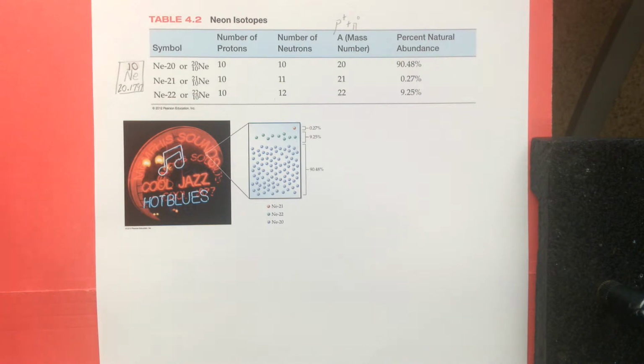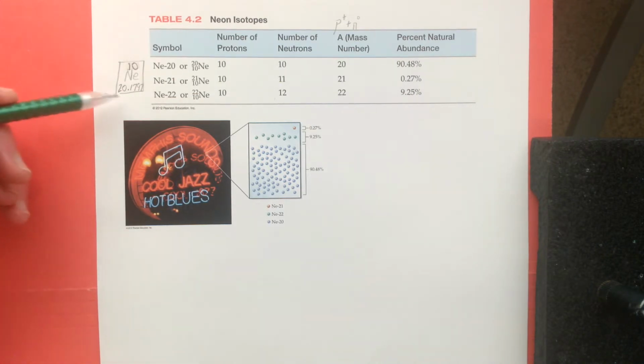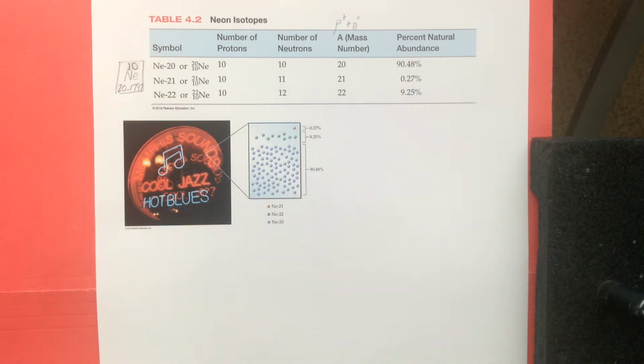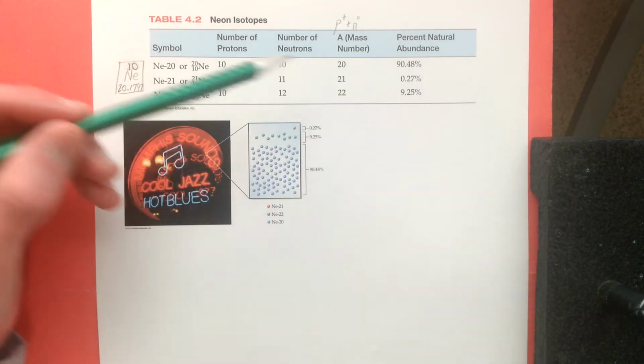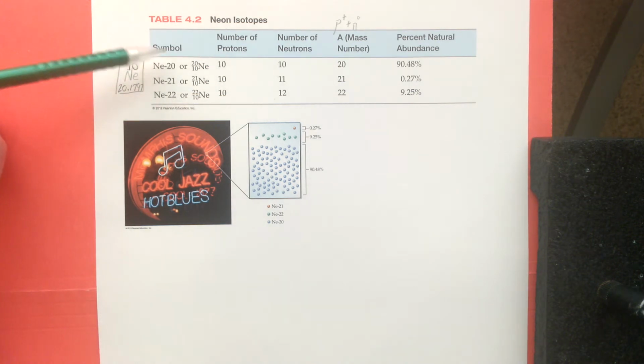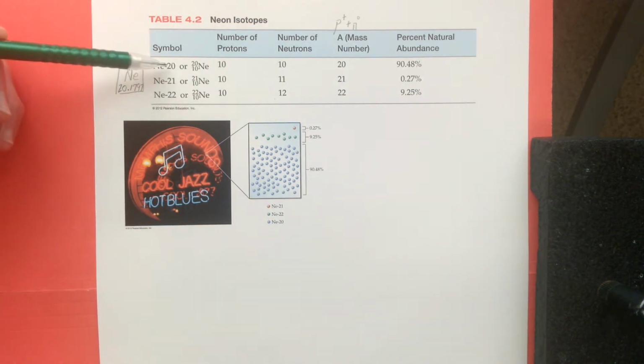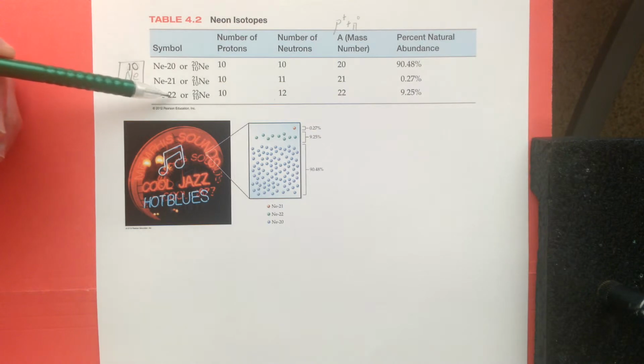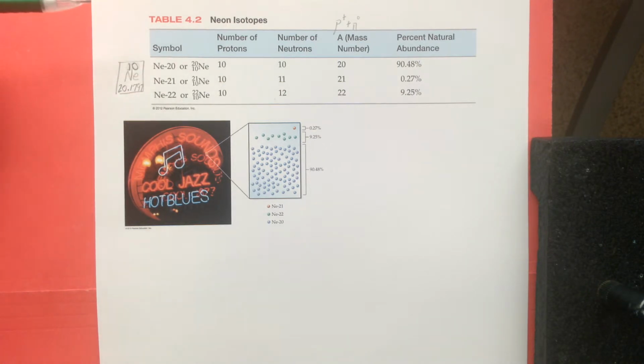Okay? Now, when we look at the periodic table, where does this 20.1797 come from? It comes from an average of the 3 isotopes, but it's not a simple average of 20 plus 21 plus 22 and then divided by 3. It is an average based on the mass and the abundance.